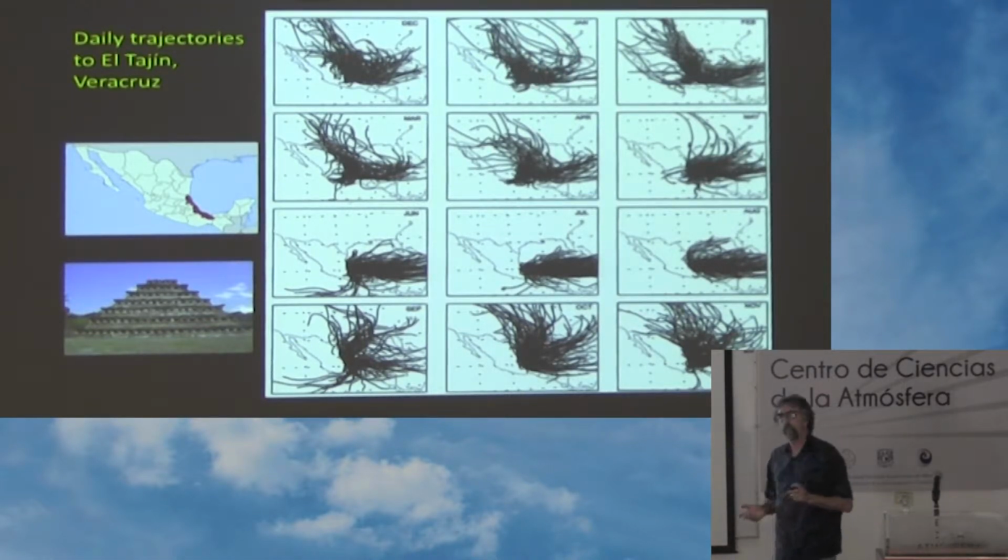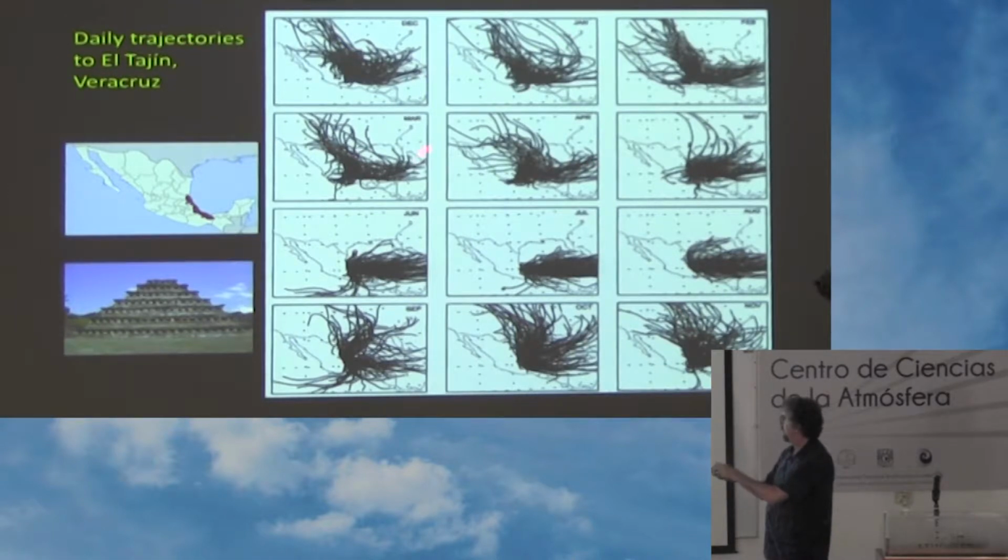So what we can see from the trajectories, it's very clear actually, that there are 2 transport regimes. There's this pattern here where winds from the east. Okay, these are back trajectories. They all arrive at the same point. So one regime is the easterly flow here. That regime is present all year.